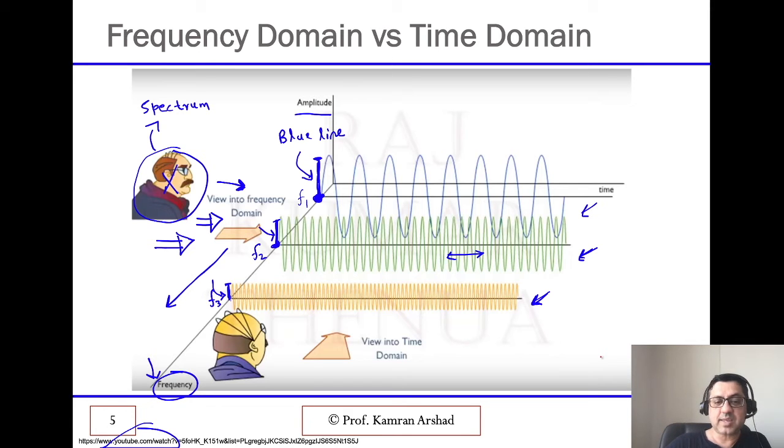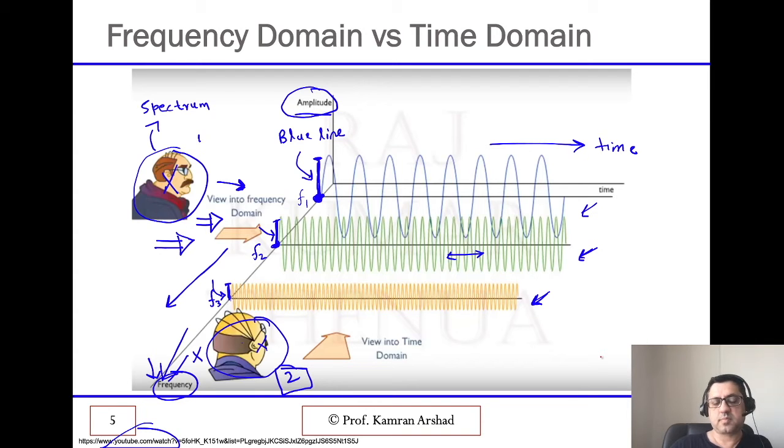Now the same thing, everything is the same, but now the guy who is watching from here cannot see the frequency axis altogether. What he can see is this amplitude axis, which is here, and this time axis, which is here. Just try to visualize that you are watching from here. Let's say this is person number 1 and this is person number 2.